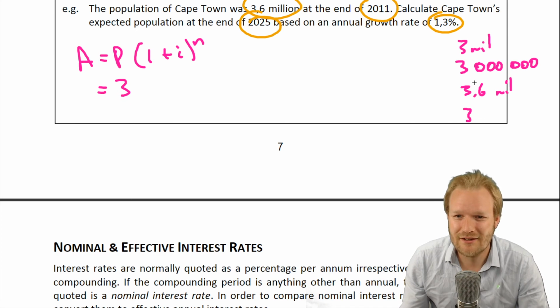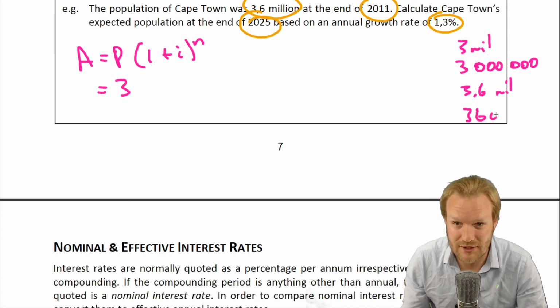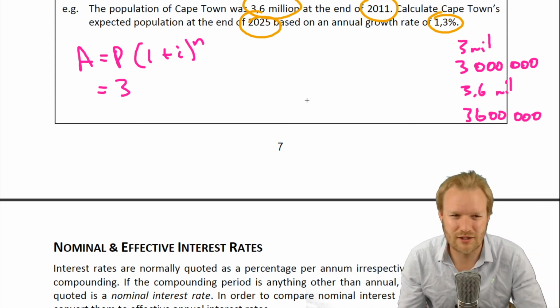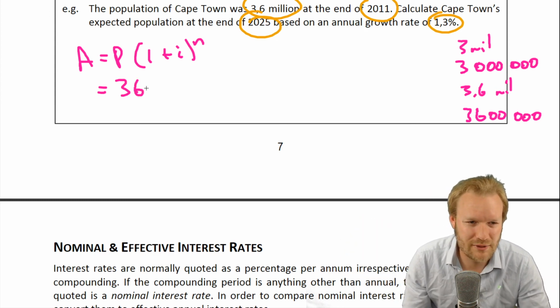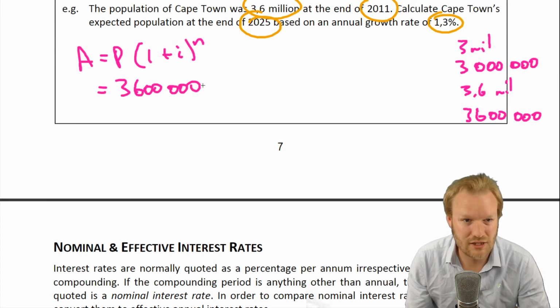So 3 million was 3 and a whole lot of noughts. Match up those noughts. So you still have these 6 zeros to see how many zeros are in it. So 3.6 million, I think we had 3,600,000. Yeah, that seems to fit in.